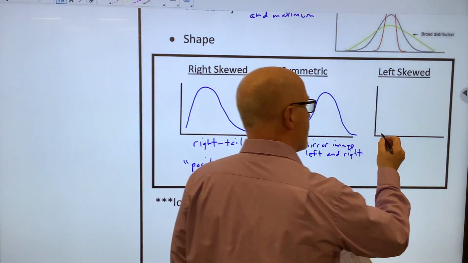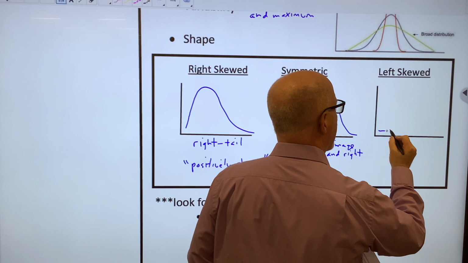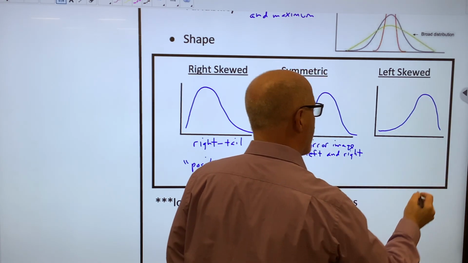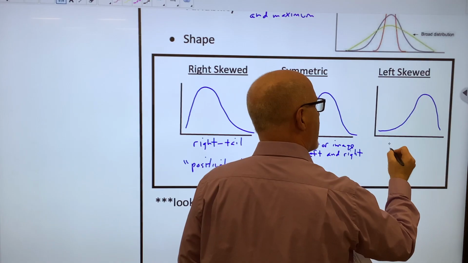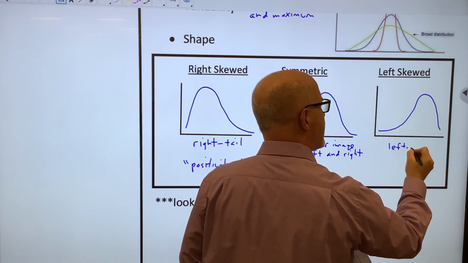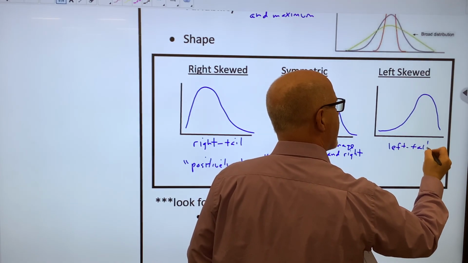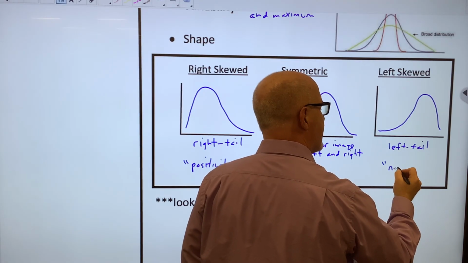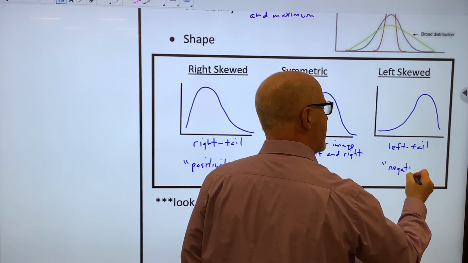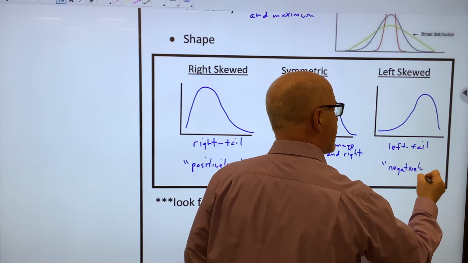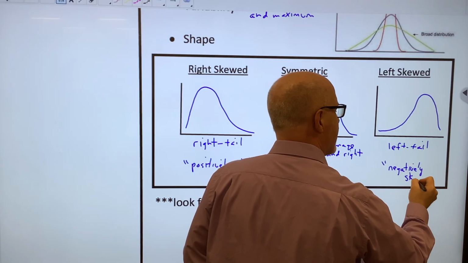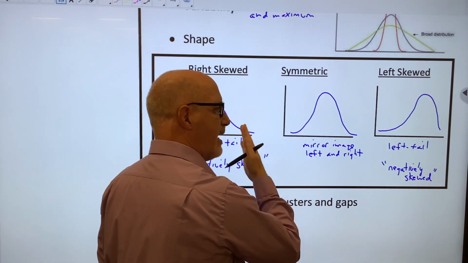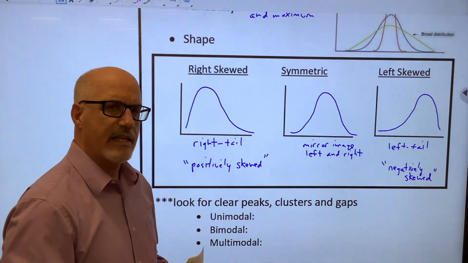Whereas left skewed, again, the tail will be on the left side, and the mountain of data will be toward the right. For left skewed, we say left tail. And this would be negatively skewed, because the tail is skewed toward the negative side.